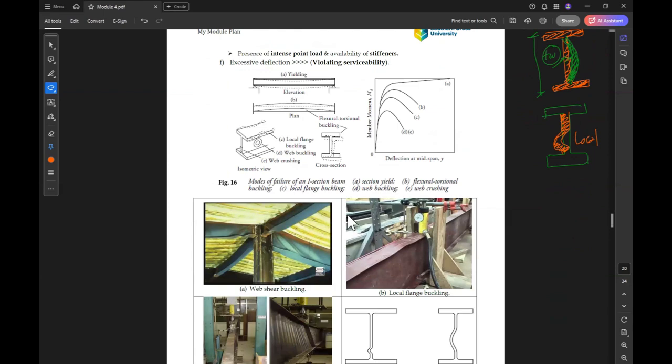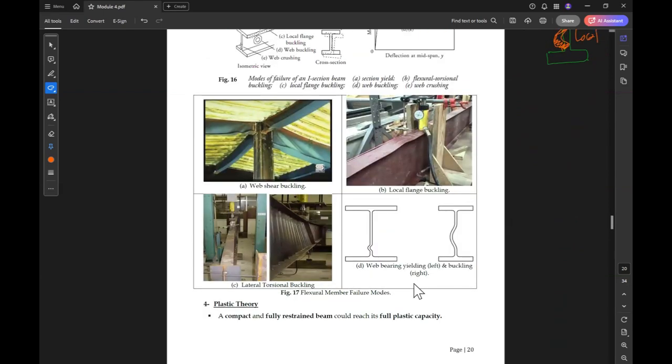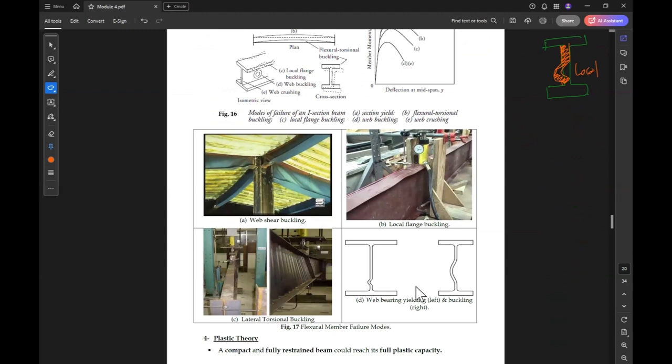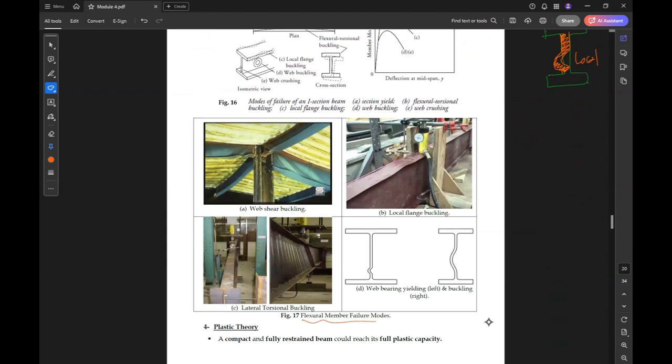Okay, these are some examples of the failure modes of flexure members. So this is what we were talking about, like web bearing or web crushing. Here, local buckling in the top flange or local buckling in the compression flange.